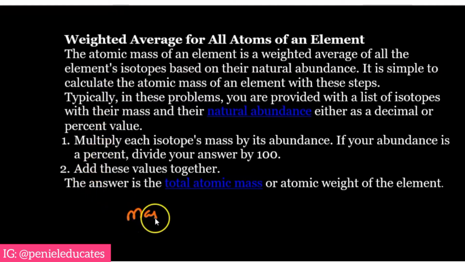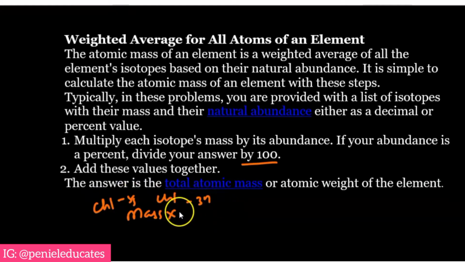You can multiply in percentage, or you can multiply in decimal. If it's in percentage, you finally divide your answer by 100. Then you add these values together, probably for the isotopes of chlorine, maybe chlorine 35 and chlorine 37.